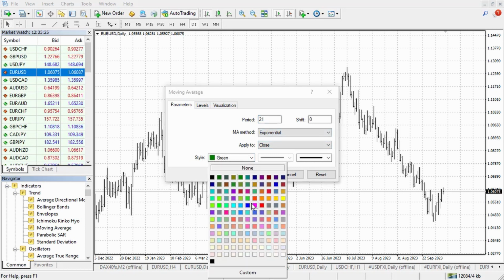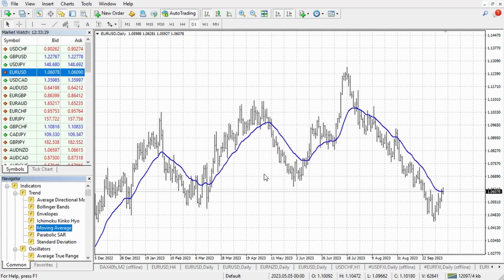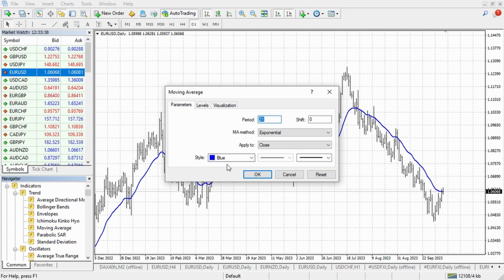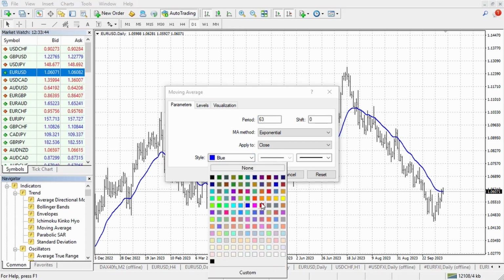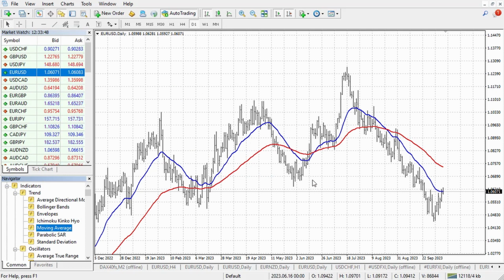Let's use a blue one and switch to this. So there you go. This is the 21-day moving average. And in some cases, they would even use a second moving average of a larger time frame. So for example, let's use the 63 because it corresponds to a quarter. And then a third one, but I think that's enough.